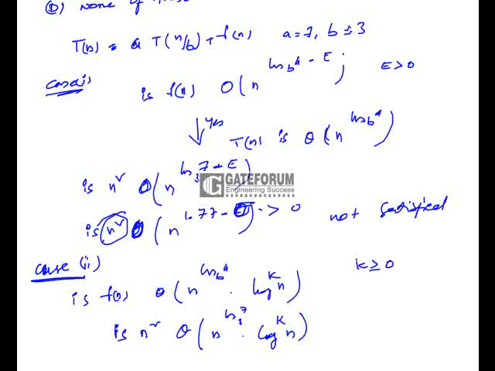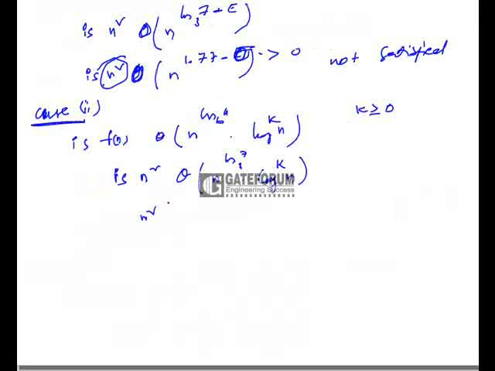We can take any value of k greater than or equal to 0. So is n square theta of n^1.77 log n? If we take any value of k which is greater than 0, this condition is not satisfied. So even the second case failed.